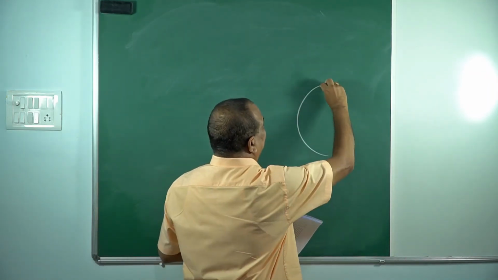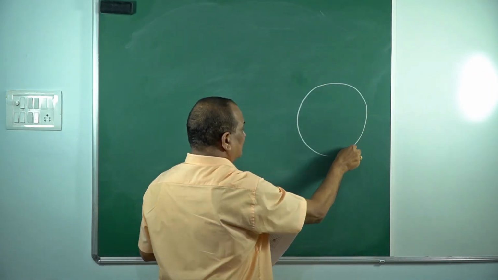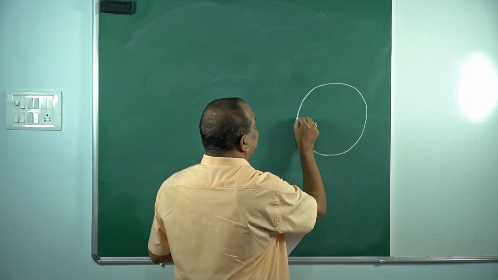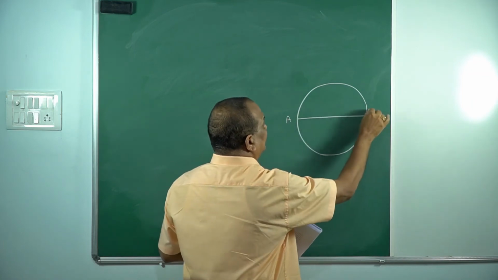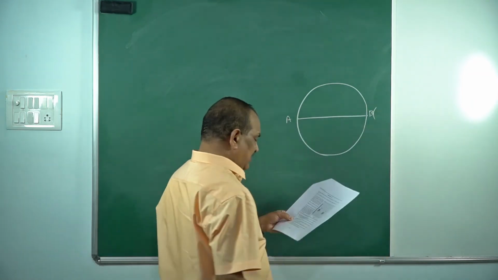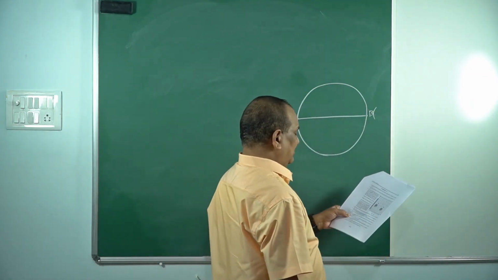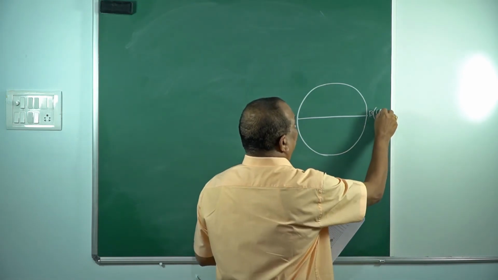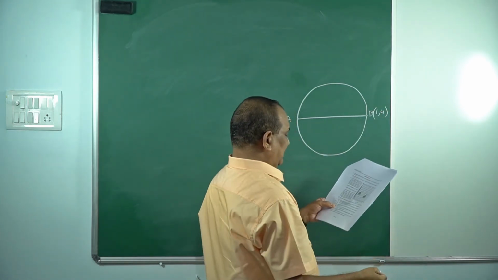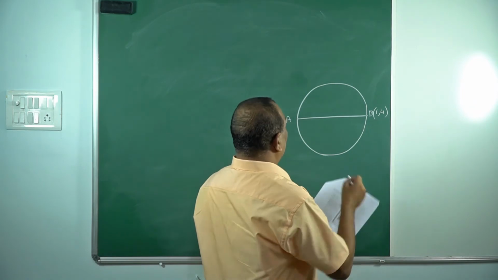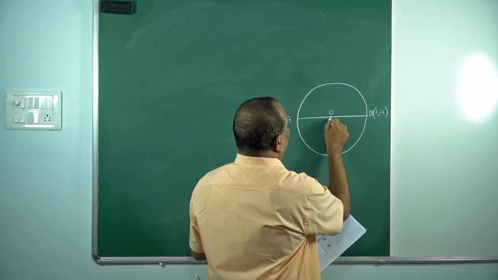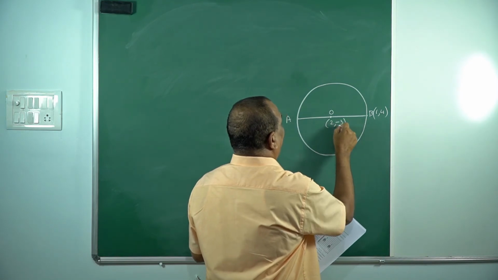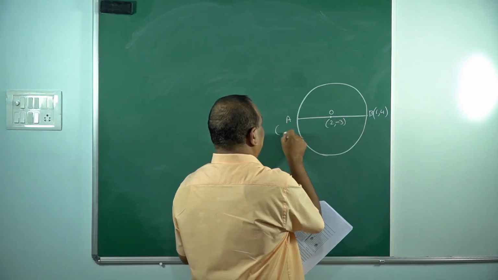You have a circle where AB is the diameter and B is 1, 4. Okay, and center is 2, -3. This is an easy one, like center is 2, -3, and find A.